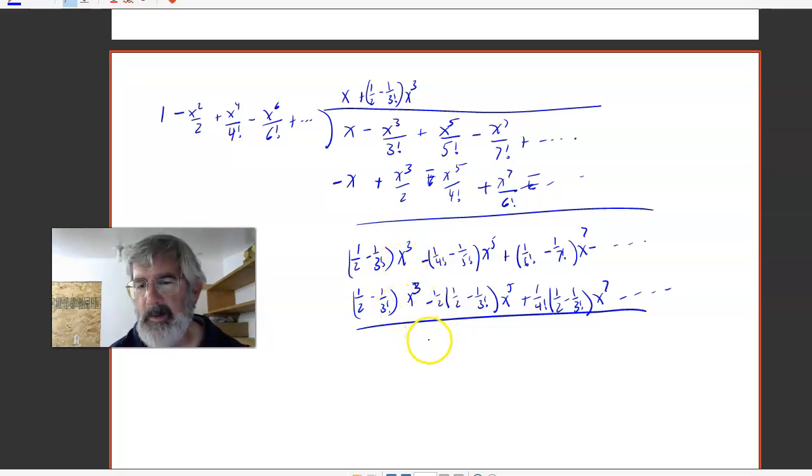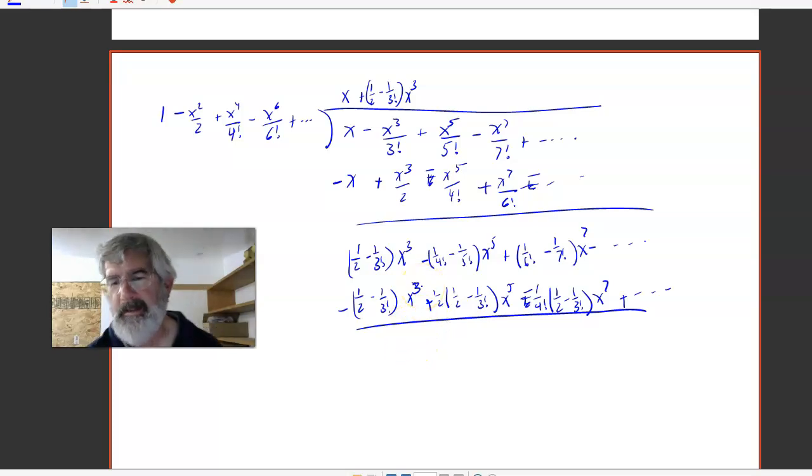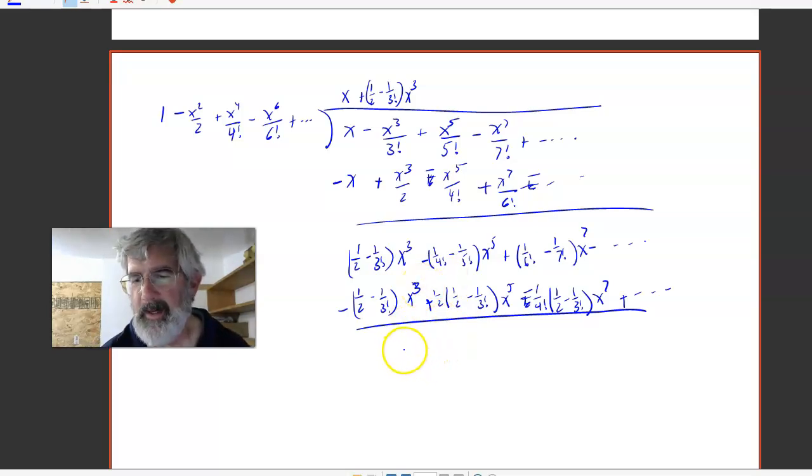This goes away, 0, and then you got to have all of this stuff, and boy, it gets big fast. So subtract. So this is minus, this is plus, this is minus, this is plus. Yeah. So those go away. What do I have here? I've got 1/4 minus 1 over 2 times 3 factorial minus 1 over 4 factorial plus 1 over 5 factorial times x to the 5th.